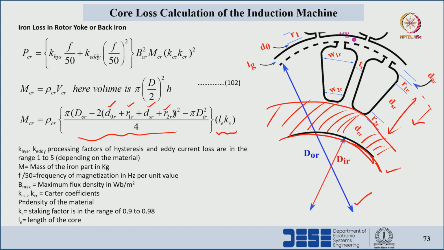Then we will get the volume with respect to the rotor core or back iron. Finally, we can substitute the flux density with respect to the back iron, that is BCR, and the mass of the back iron. Then we will get the iron loss with respect to the rotor yoke or back iron.